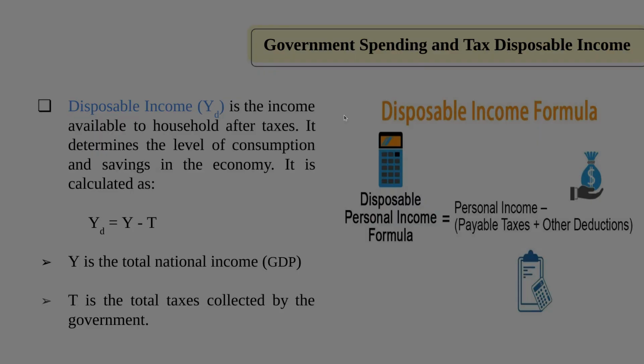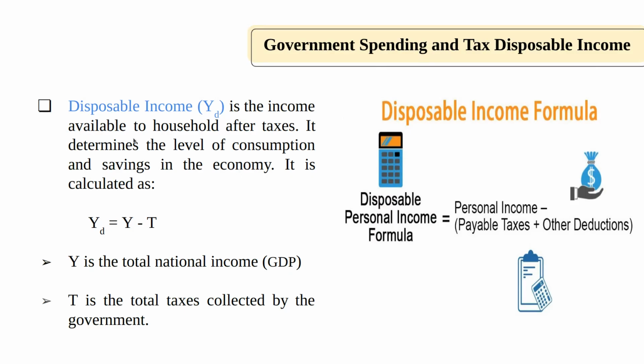Disposable income is the income available to households after taxes. It determines the level of consumption and savings in the economy. It is calculated as YD equal to Y minus T, which I already told you.